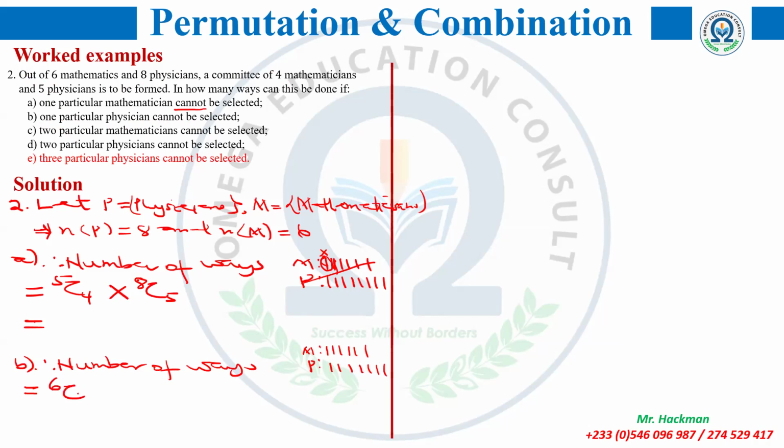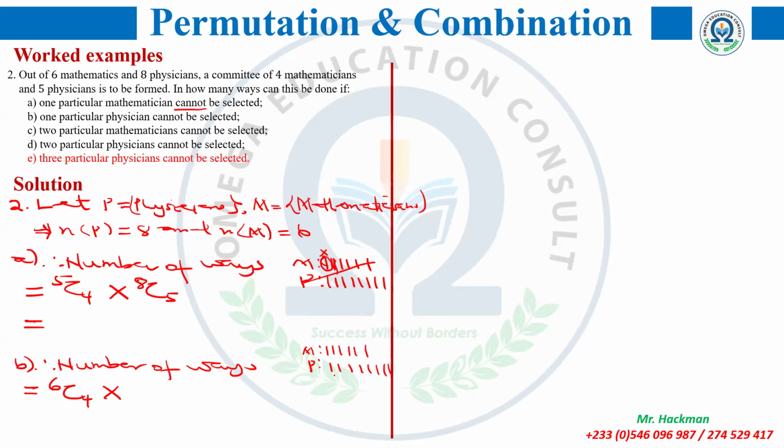Is that clear? Then times, I come to the physicians, that's where the restriction is. Please, the physicians, they are 8. And I did 1, 2, 3, 4, 5, 6, 7. Oh, okay. I didn't count well. 8. Okay, thank you.